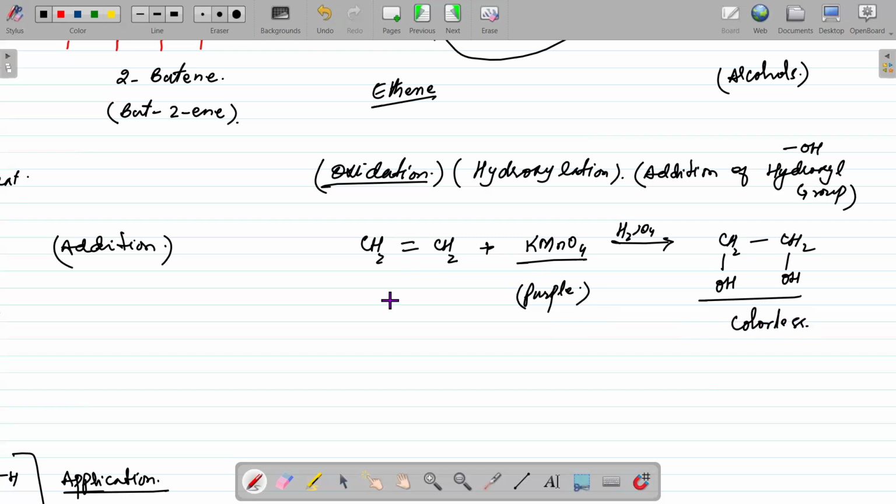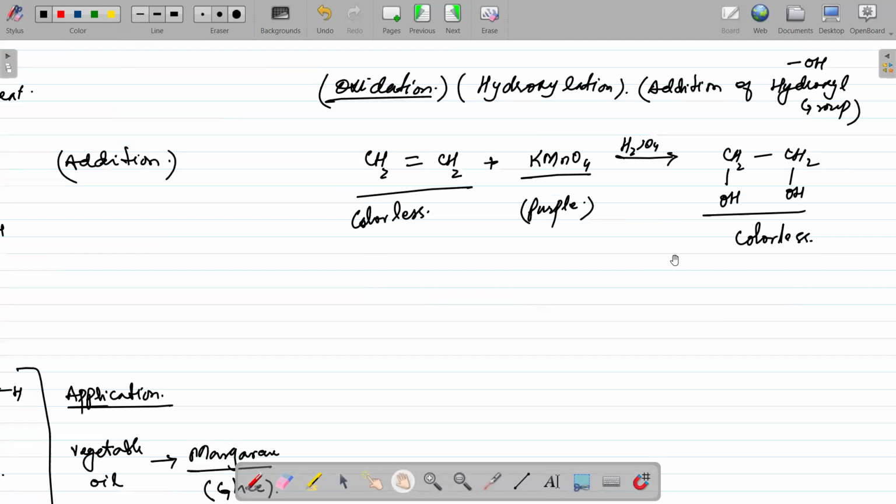Okay. Ethene was also colorless, right? So this reaction can also be used as an identification test for unsaturated hydrocarbons because the unsaturated hydrocarbons are colorless, and when we treat them with purple KMnO4, its color disappears.